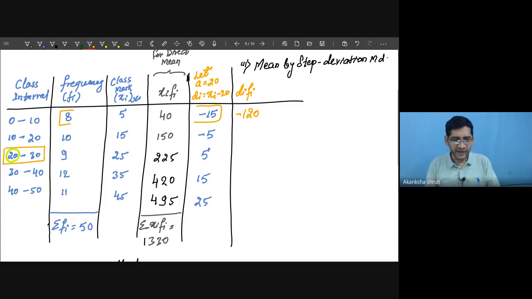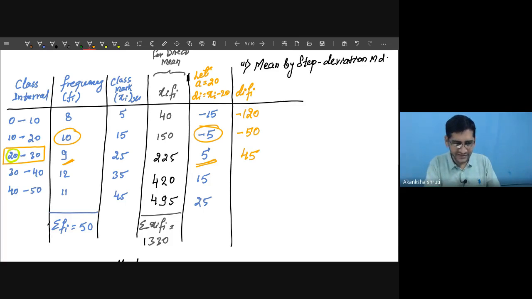Student, this kind of calculation you have to do for every class interval. Then minus 5 multiplied by 10, so it becomes minus 50. The next one is 5 as di multiplied by 9, which is 45.